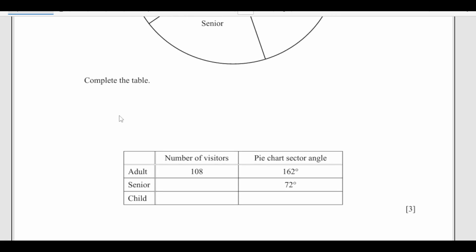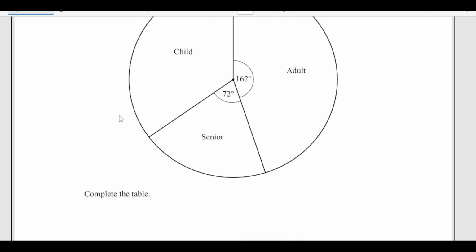So we can first find out from here. The total is 360. We are given these, we can easily calculate: 162 plus 72 is 234.